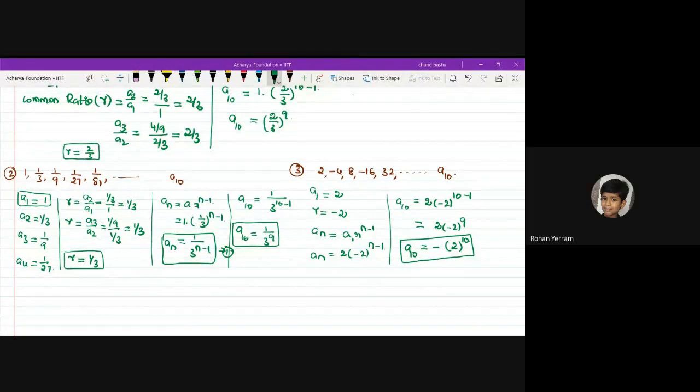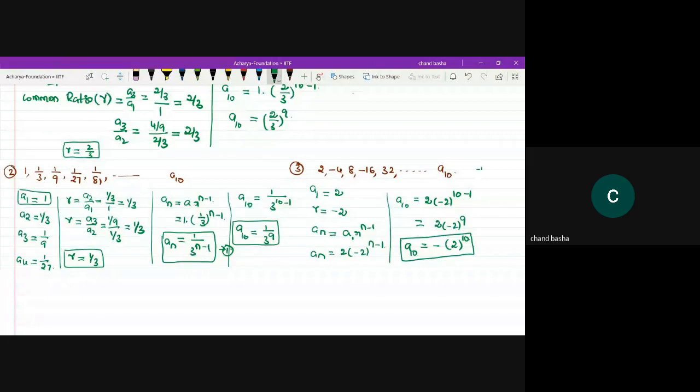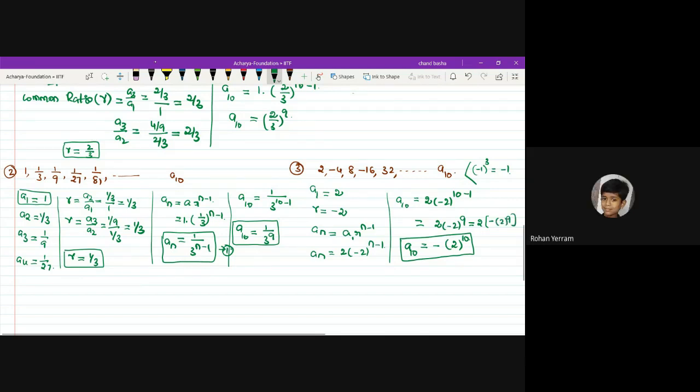Sir, how? What is -1 whole cube? Is it minus or plus? Minus. Yeah, minus will come outside. So here what can I write? 2 into minus 2 power 9. Can we write like this? Yes, sir.